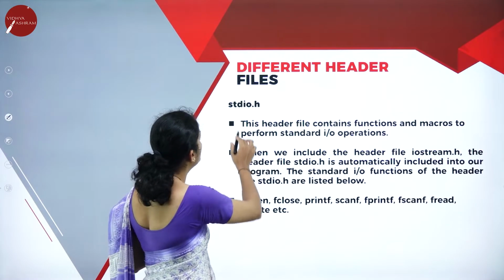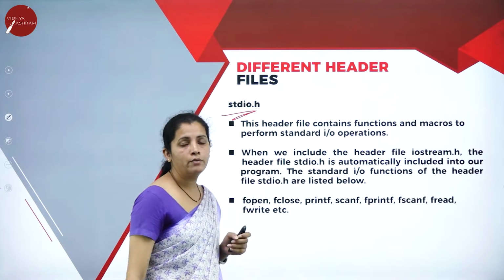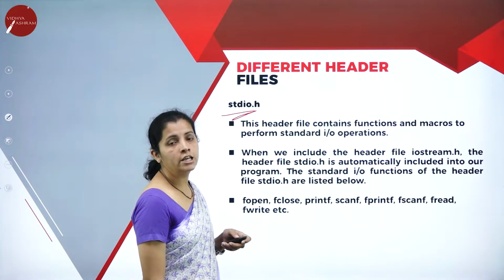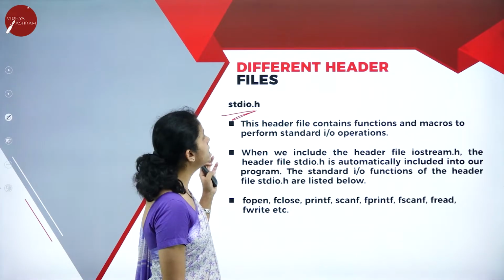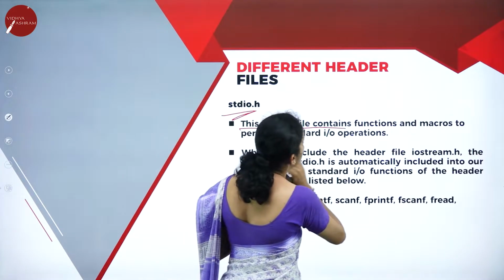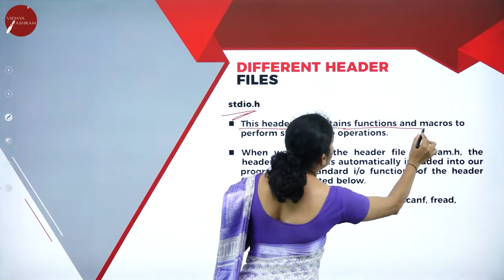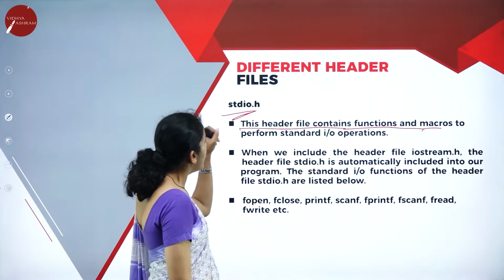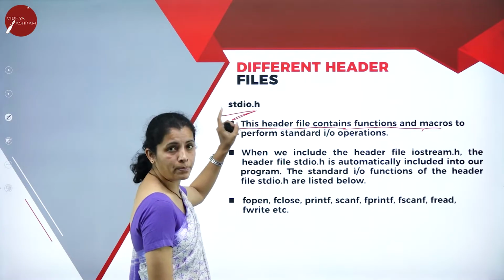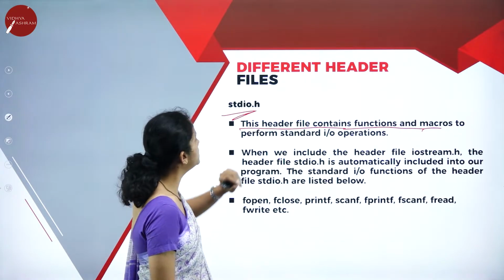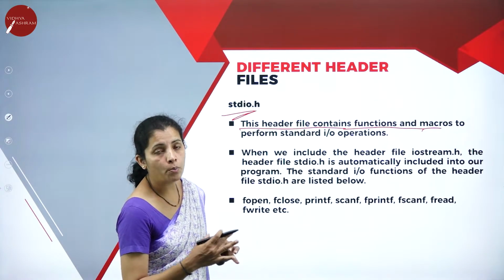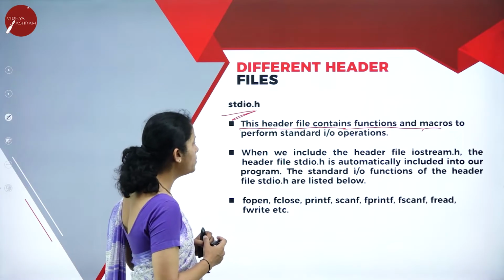Along with that, I'm going to have stdio.h. So what is stdio.h? It's nothing but standard input and output. This header file contains functions and macros. The stdio.h header file includes some predefined functions, along with macros, to perform standard input as well as output operations.